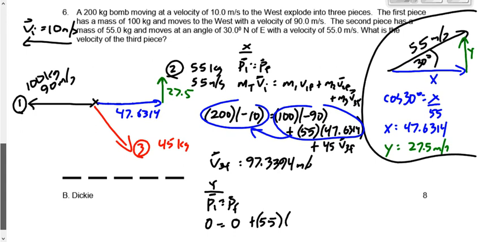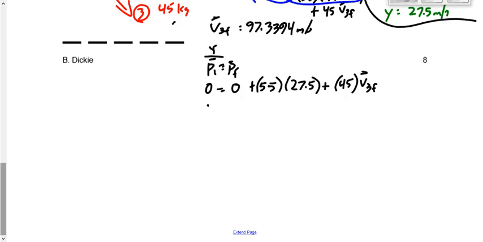Positive 27.5 because it's upwards, or north, whatever, plus 45 times V3F. Now, this one's easier, way easier. V3F is negative 33.6111. Now it's just easy, right, Richard? Easy now, right? Yeah, easy now.